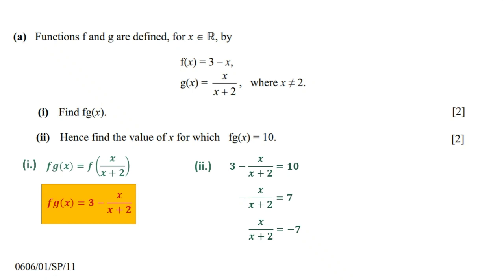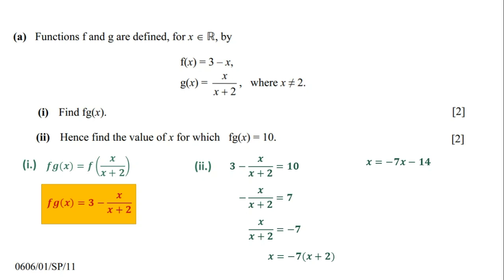Then, to remove that denominator, I will multiply both sides by x plus 2. It will become x equals negative 7 times the quantity of x plus 2. Now, it will be x is equal to negative 7x minus 14, because negative 7 times x is equal to negative 7x.